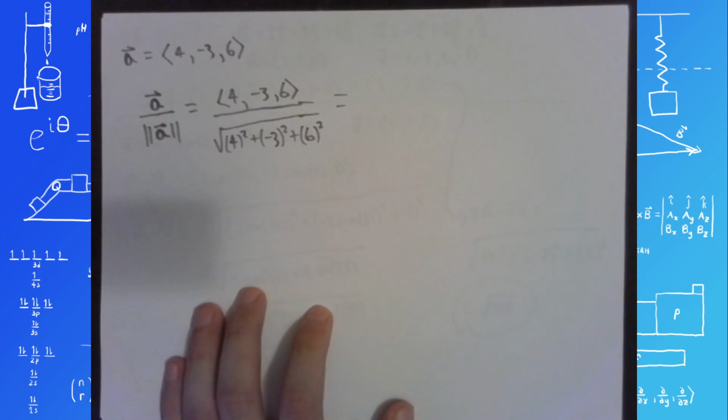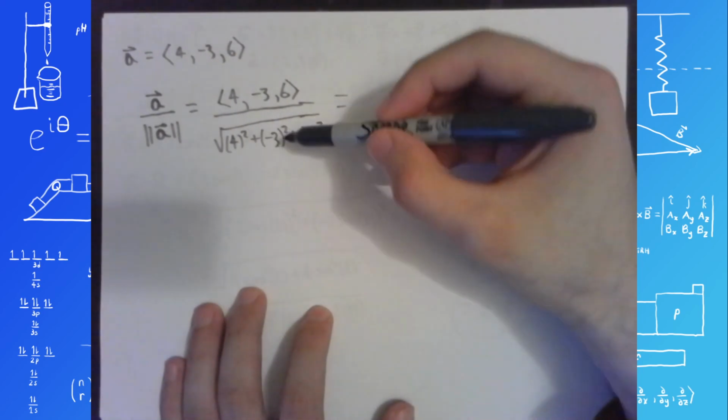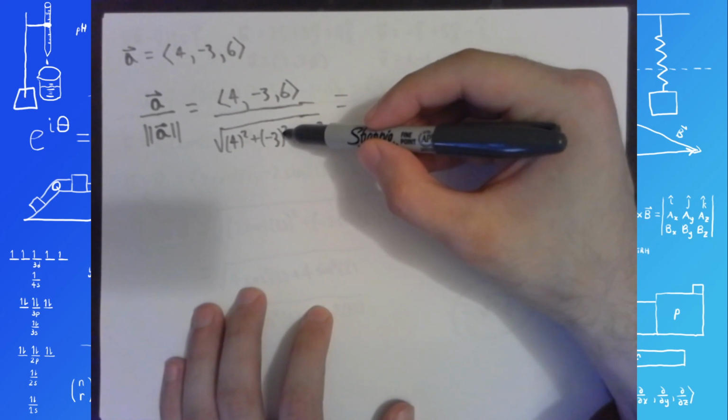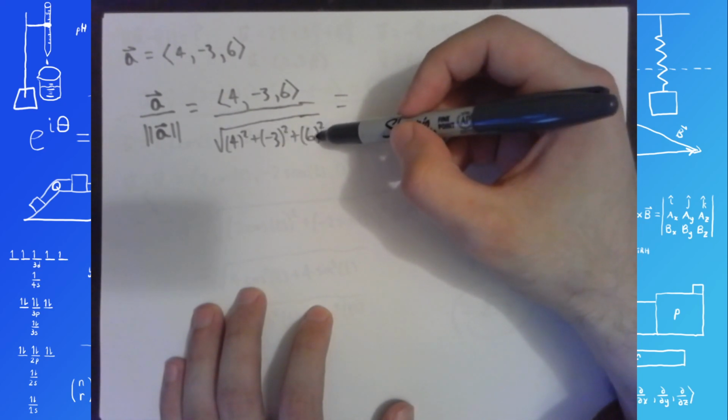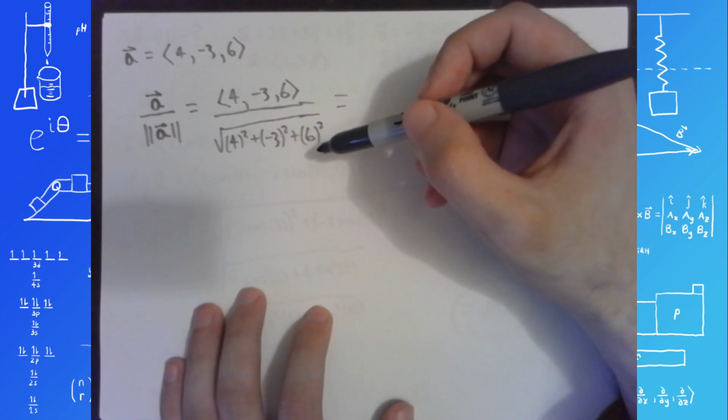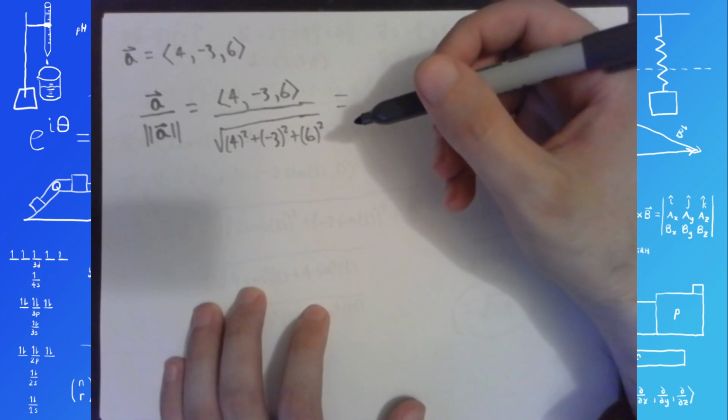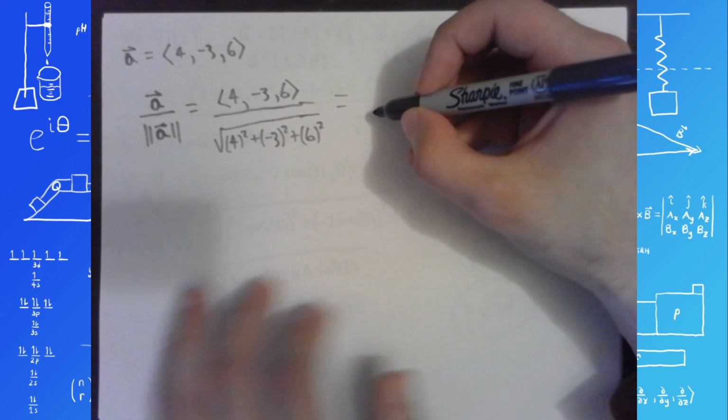Let's see, 4 squared is 16. And then that's going to be 9, so 16 and 9, that's 25. And then 6 squared is 36. 25 and 36 would be 61, which is a prime number, so that's not going to simplify.